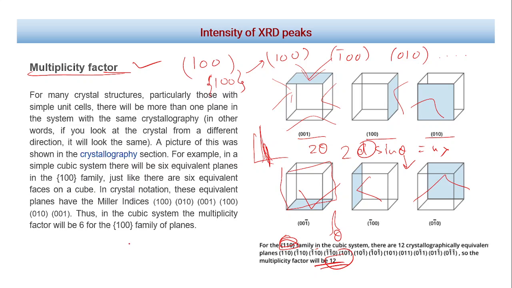Whereas if you see the 111 peak, we know 111 intercepts at 1 on the x-axis, y-axis, and z-axis.